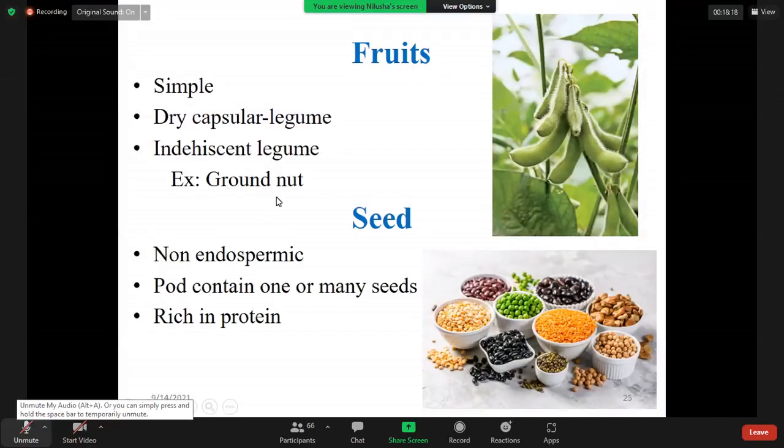After maturing and drying, the groundnut fruit does not open. We have to open it. It will not automatically open after drying or maturing, so we call it indehiscent legume. Is it clear to all?